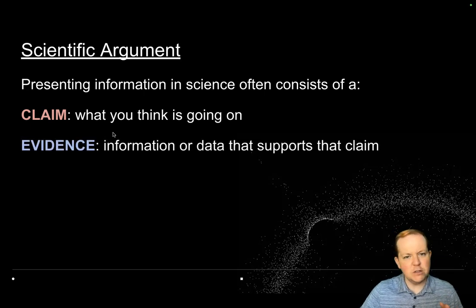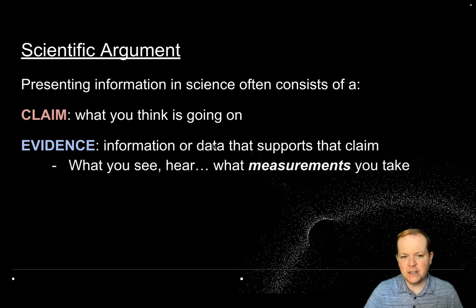The next item is also not too tough. It tends to be what forms most in terms of how much writing you're doing, the biggest piece of the CER, and that's the evidence. It's the information or the data that supports your claim. Now, what do I mean by evidence or data? First, think of your senses. If you see something, that's evidence.